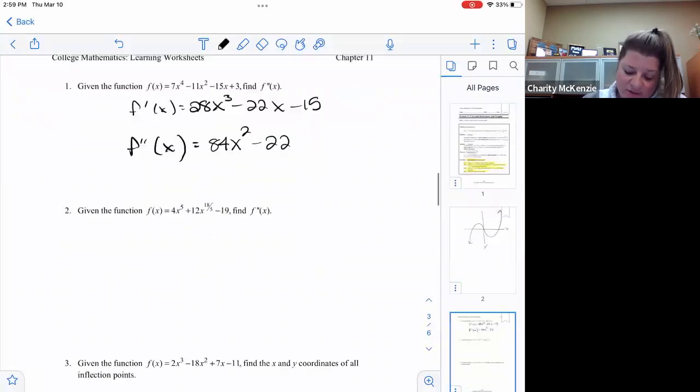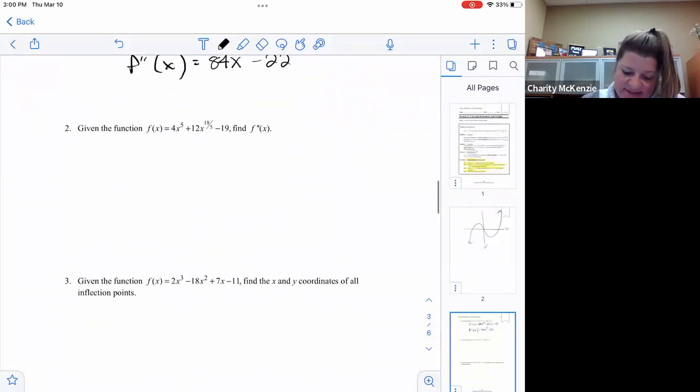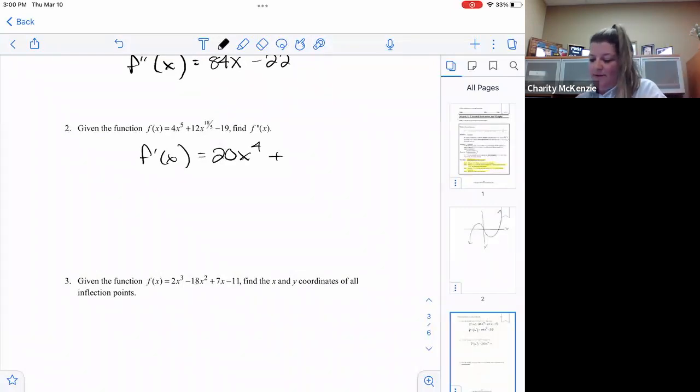Let's just do second derivative. Second derivative on 2 is pretty basic as well. We really just find our first derivative here. So 5 times 4 is 20x to the 4th, plus, I don't know what 18/5 times 12 is.